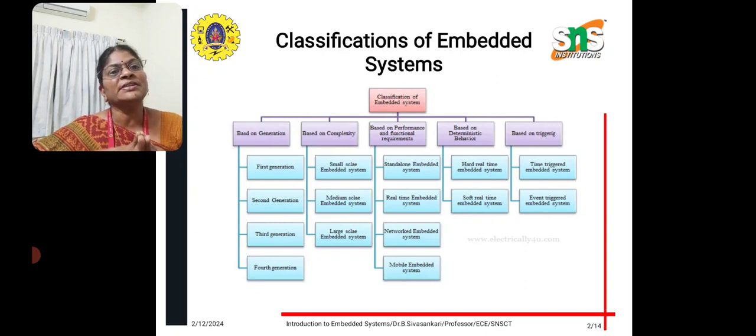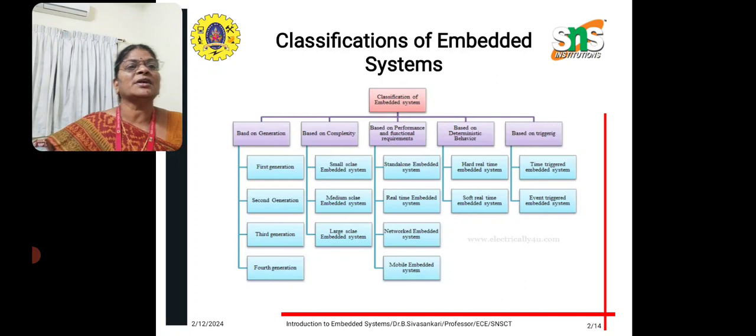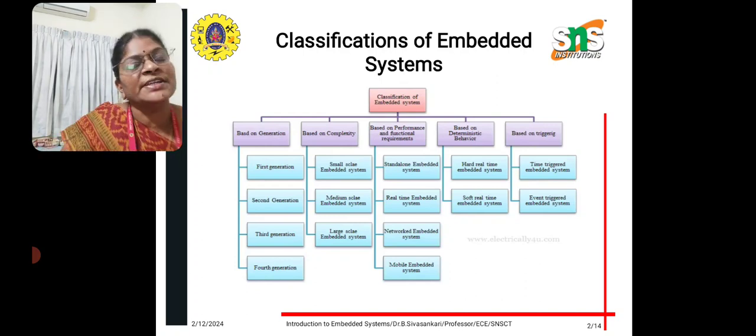Basically, embedded systems are classified into 5 types: based on generation, based on complexity, based on performance and functional requirements, based on deterministic behavior, as well as based on triggering, right?